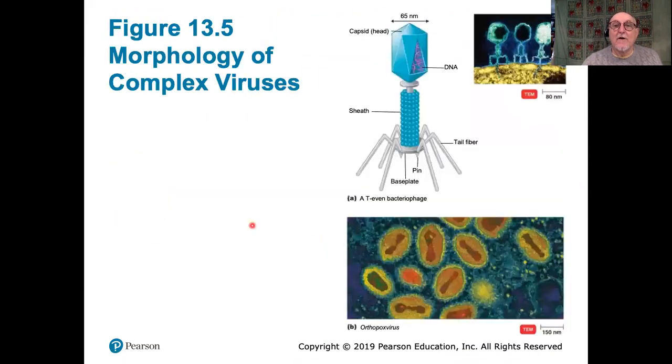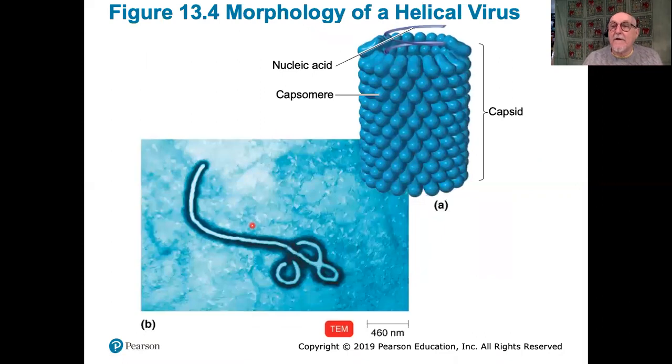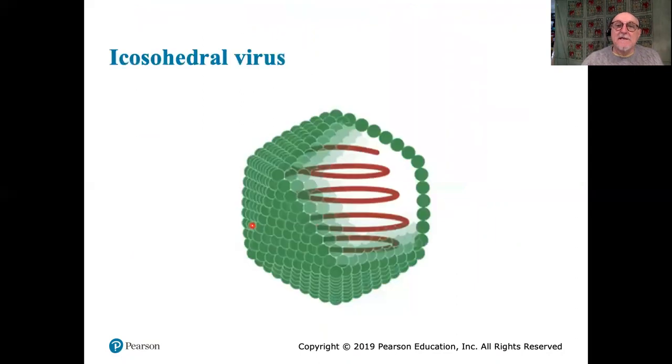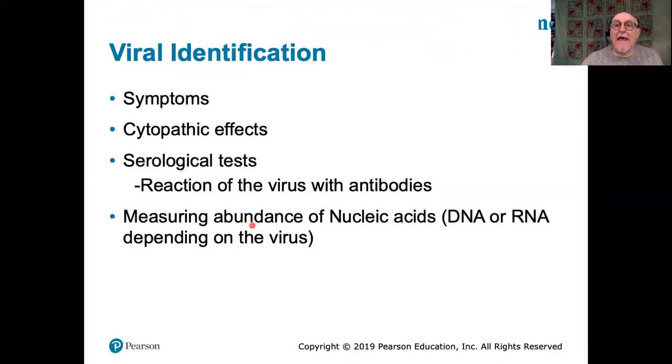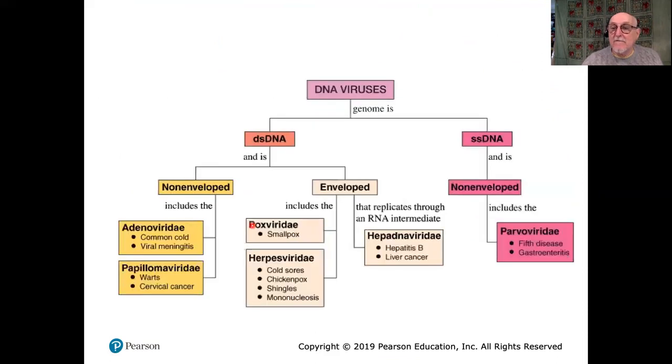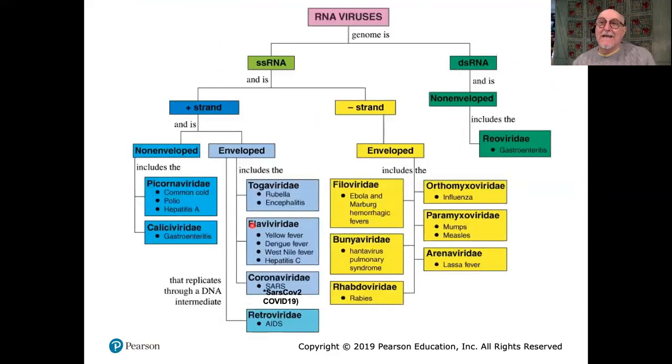Here's why they're called filo, which means a thread. There's why they're called the filoviridae, because they are thread-like. And this is Ebola and various related viruses. The filoviridae in general produce hemorrhagic fevers and vicious, very, very dangerous hemorrhagic diseases indeed.